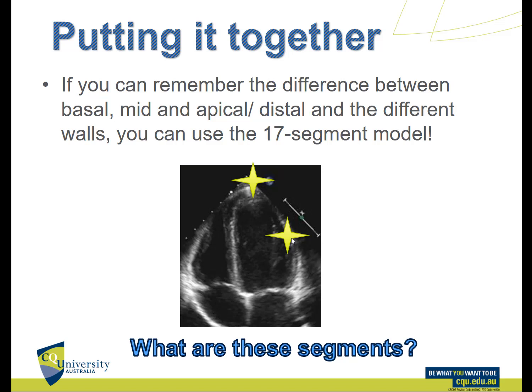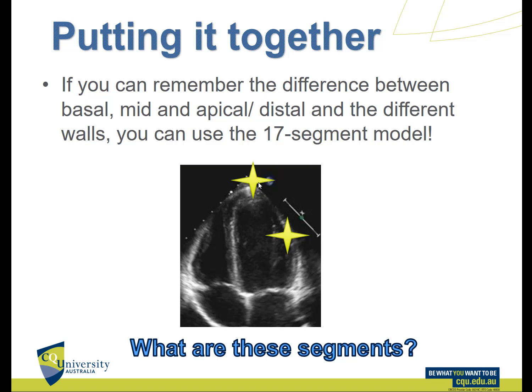So let's look at these segments here. If we think about our basal, mid, and apical walls, right here we can already tell that this is going to be a mid-level segment. And right here, if we can remember, that's that 17th segment, and this is the apical cap.